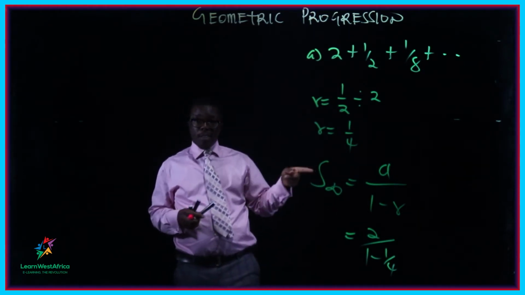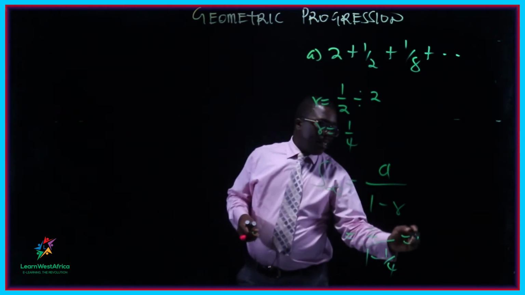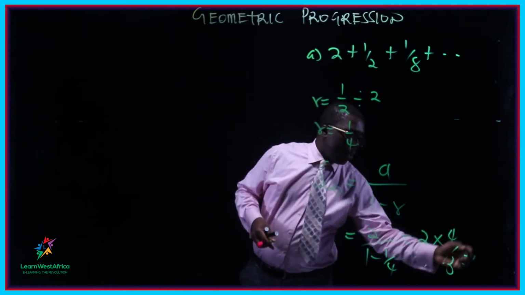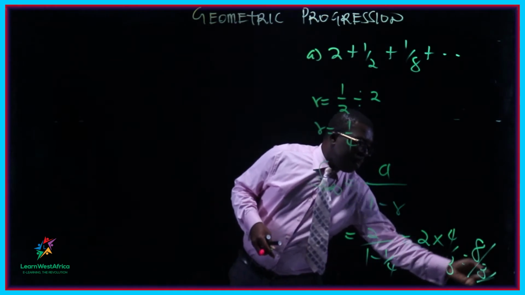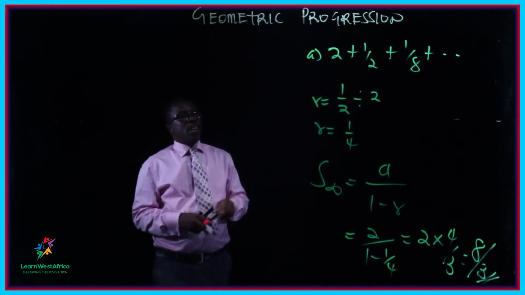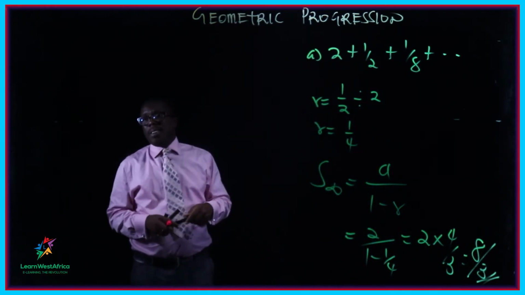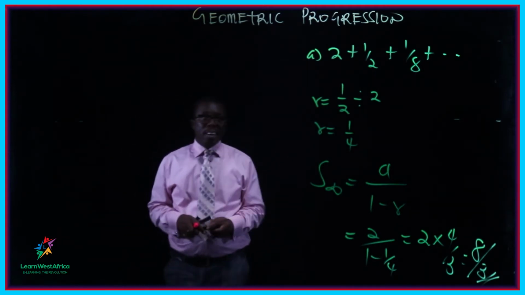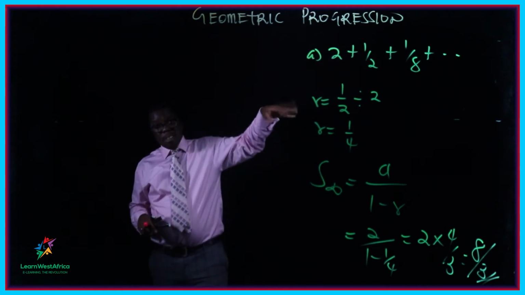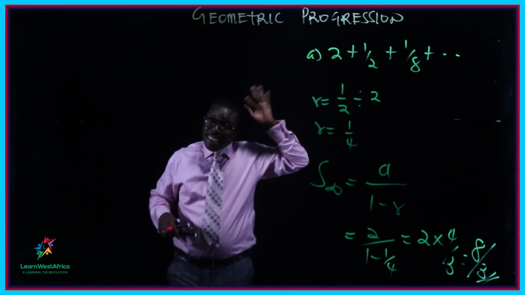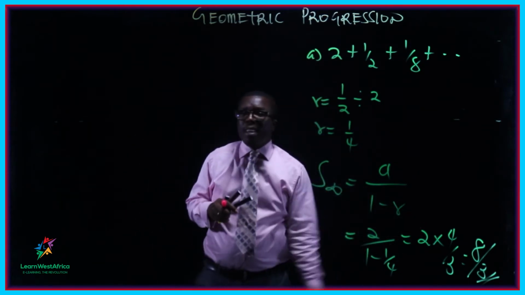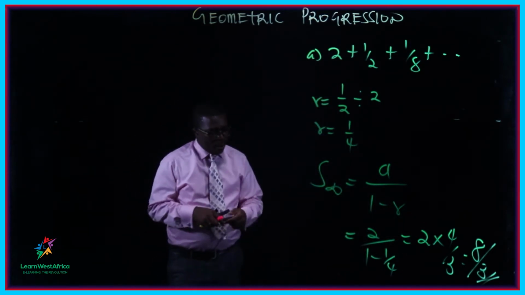So 2 divided by 3/4 is 2 times 4/3, which gives you 8/3. So that's the sum to infinity of this progression. When we sum this sequence into the future, the approximate value of all those individual terms should be 8/3.